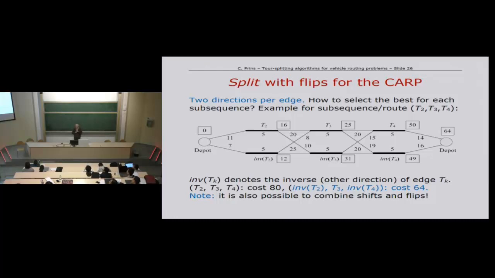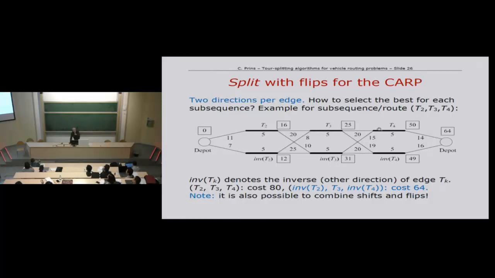And for the CARP, in fact it was invented by Wildermans, in the thesis of Wildermans. I remember Angel asked me once a question about that because he had a paper for review. So here it is the CARP. T2, T3, T4 can be a subsequence of edges, streets with waste to be collected.